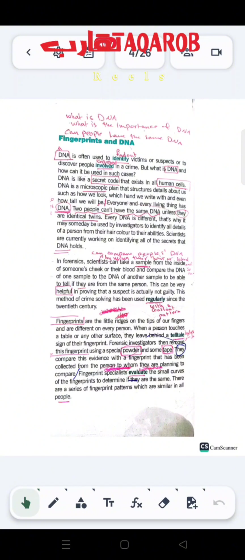They compare this evidence with a fingerprint that has been collected from the person to whom they are planning to compare. Fingerprint specialists evaluate the small curves of the fingerprints to determine if they are the same. There are a series of fingerprint patterns which are similar in all people.